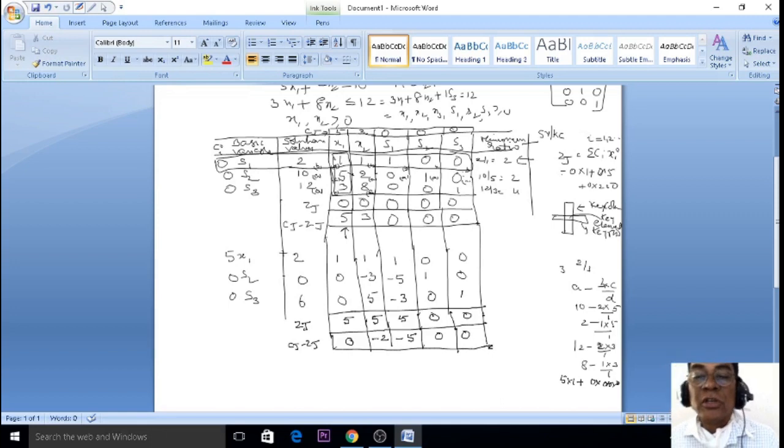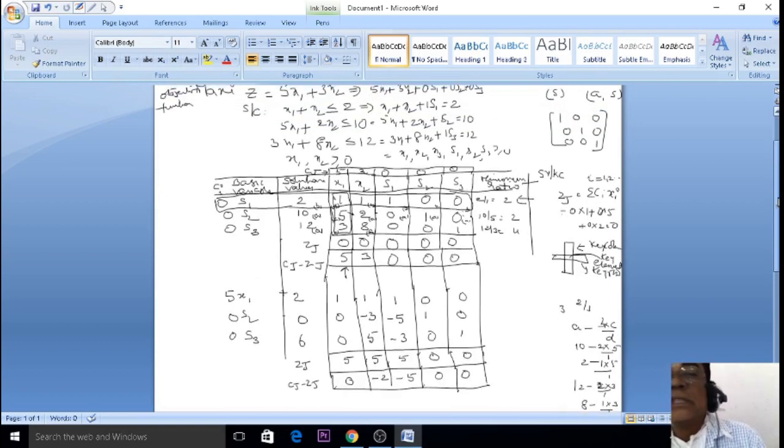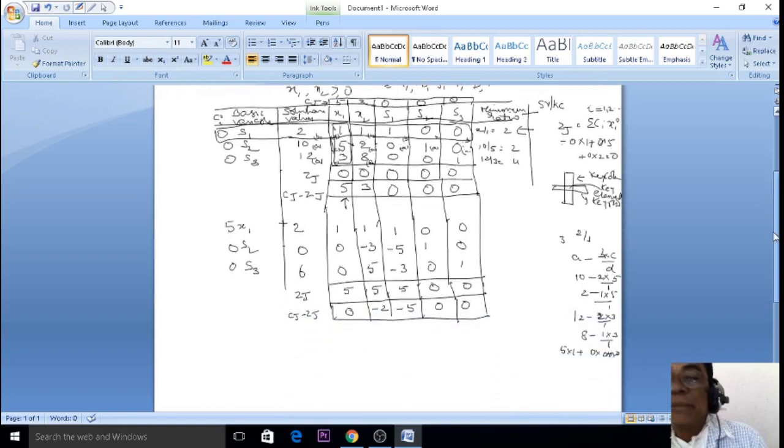Sir, how to know whether I continue the problem or not? Here, please everyone, if the values of Cj minus Zj are all zeros or negatives, immediately stop the problem. Sir, if you have any positive value in a variable, again you have to continue key column and key row operations. So the question is maximization. Please refer to this. This is the maximum problem. Please refer to the question. Objective function is a maximization.